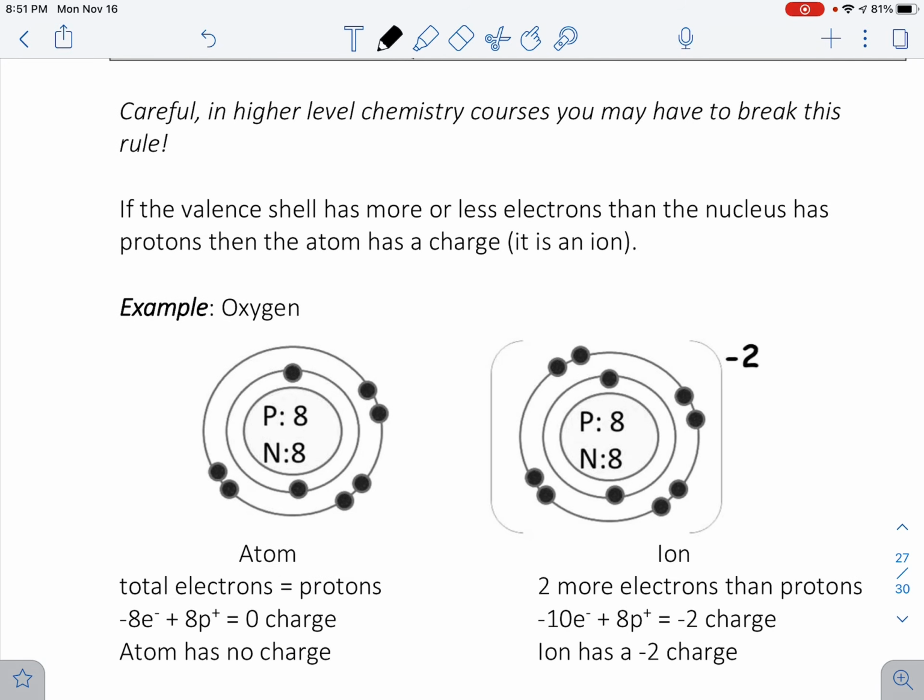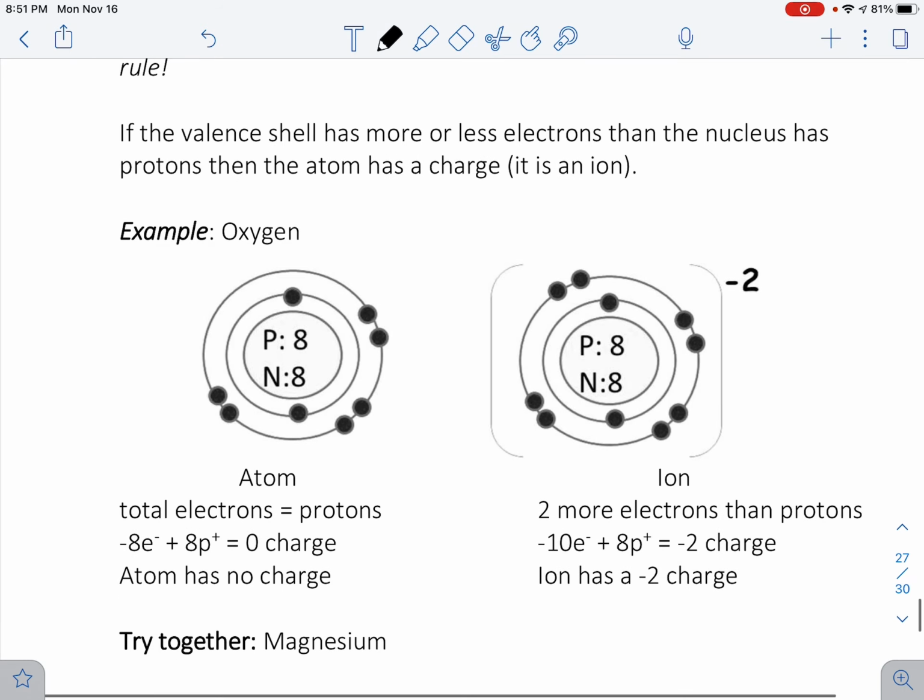If the valence shell has more or fewer electrons than the nucleus has protons, then the atom has a charge. It is an ion. So here's an example again. We have 8 protons and 8 electrons. If we treat the electrons as negative, then 8 minus 8 gives you 0.